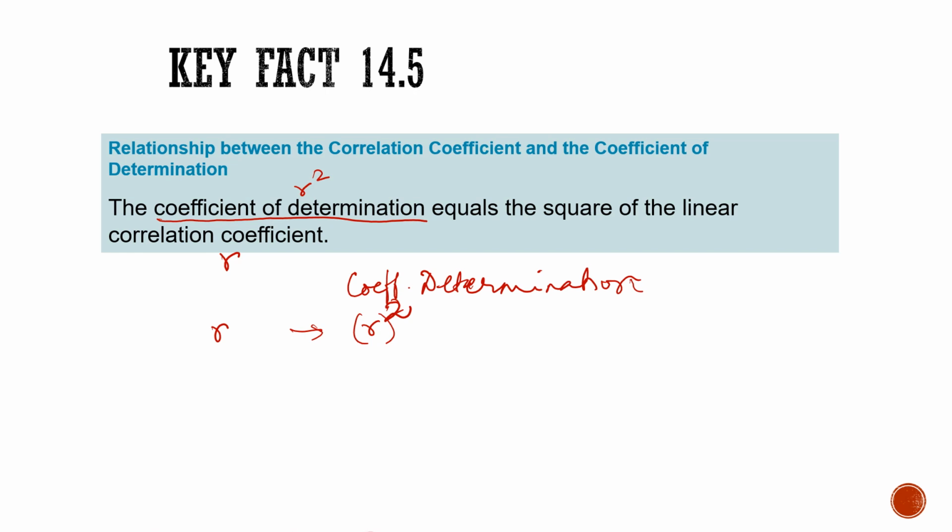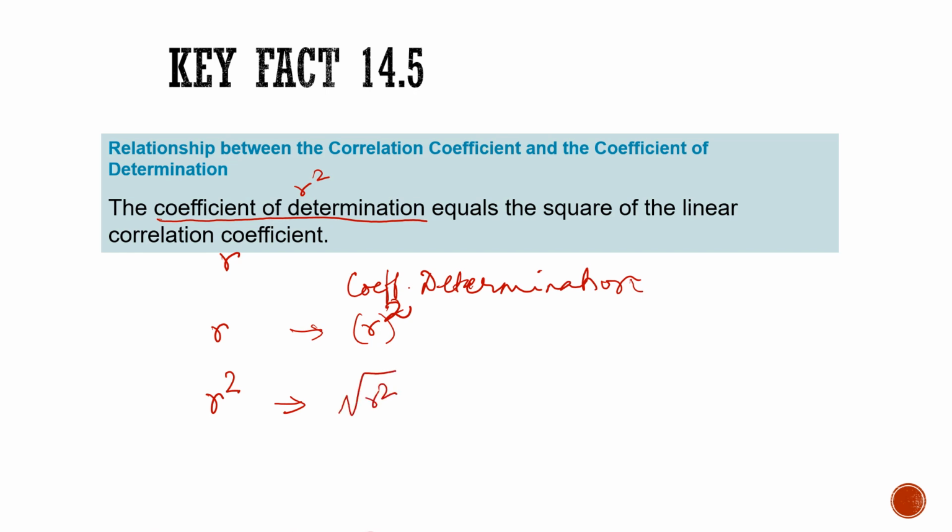However, it's risky to derive the r value from the r squared value by taking the square root of r squared.